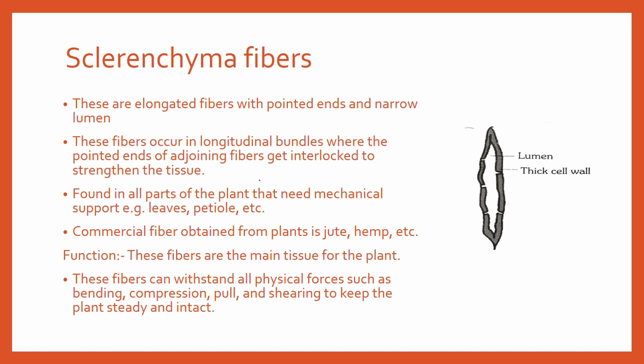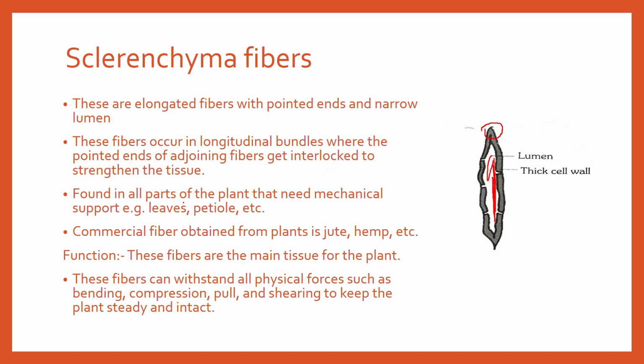As you can see in this diagram, this is a type of sclerenchyma fiber and it has pointed ends and narrow lumen. Lumen is the intracellular space in this fiber. This is lumen.